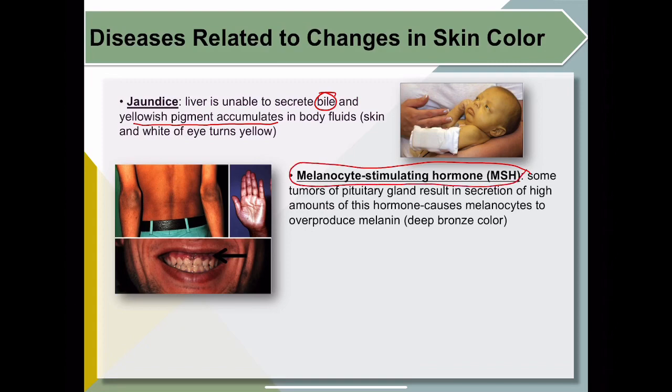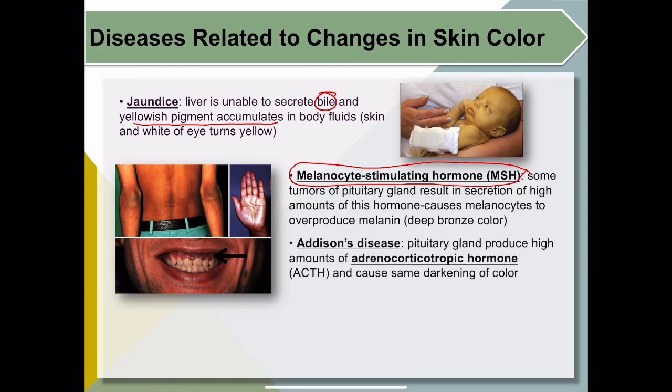This leads to overproduction of melanin that makes the skin appear more brown and bronze, a darker color. Now, Addison's disease also has the same darkening of the skin color due to overproduction of another hormone called adrenocorticotropic, ACTH, hormone by the pituitary gland.